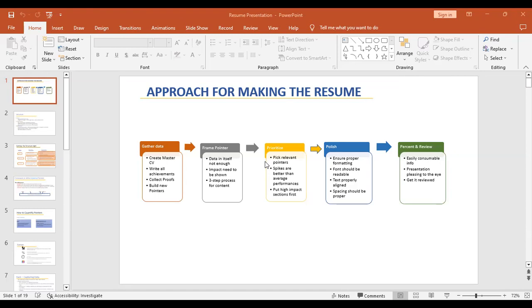What are the top 15 or top 10? But you can get the top 10 only out of those 100. So make sure that this 100, that question bank or data set, is so clean and so informative that you are picking the best ones. Okay. Then pick relevant pointers. Spikes are better than average performance, and put the high impact section first.